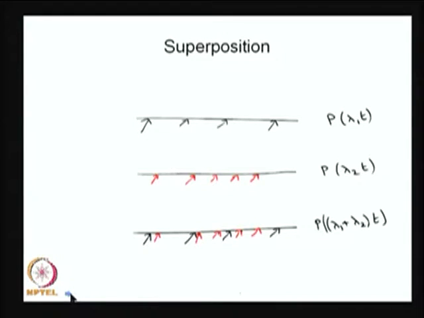The next property: suppose you have a Poisson process of one arrival and a Poisson process of the other arrival. That means one type of arrival is a Poisson process with the parameter lambda 1 and another type of arrival is also a Poisson process with the parameter lambda 2.